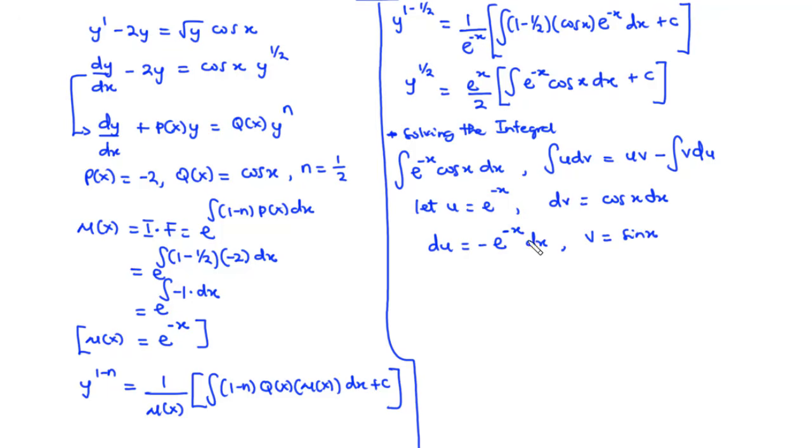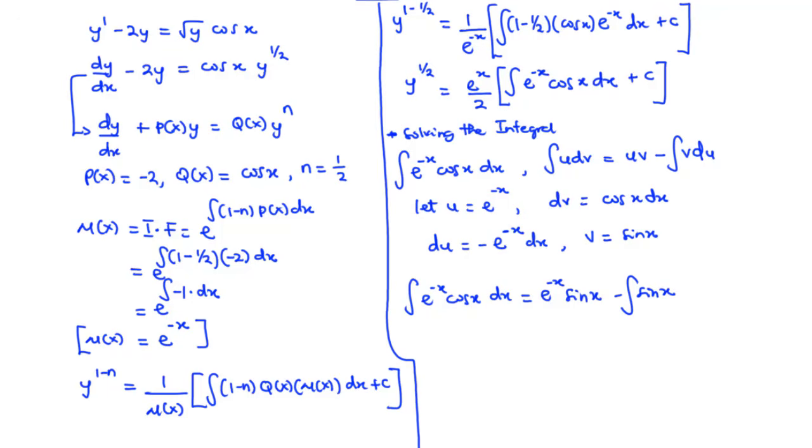So let's substitute the expressions in here using this formula. We are going to have the integral of e to the power negative x cos x dx equal to u, which is e to the power negative x, times v, which is sin x, minus the integral of v, sin x, times du.